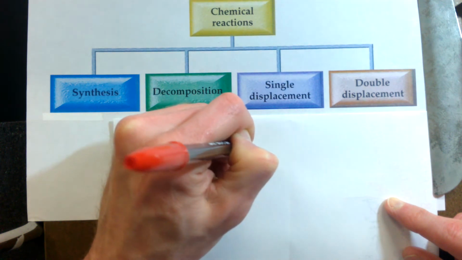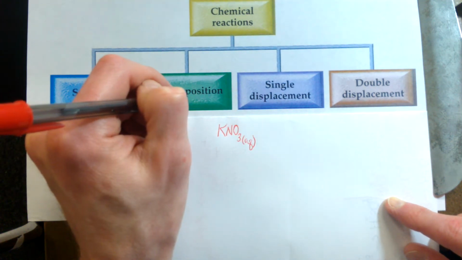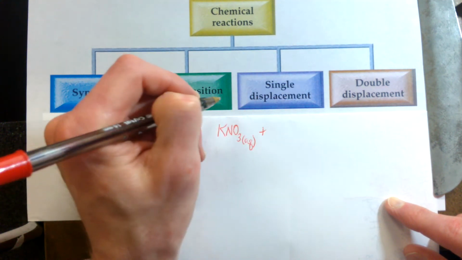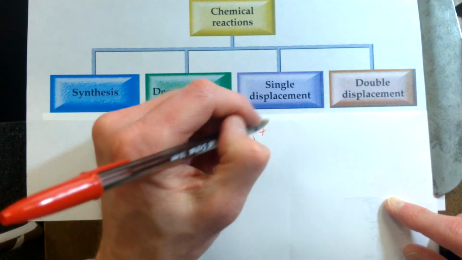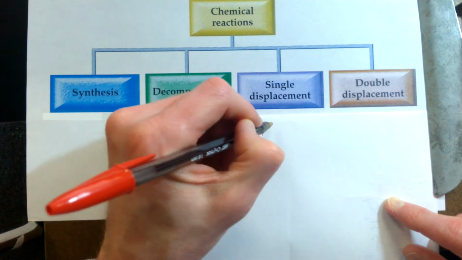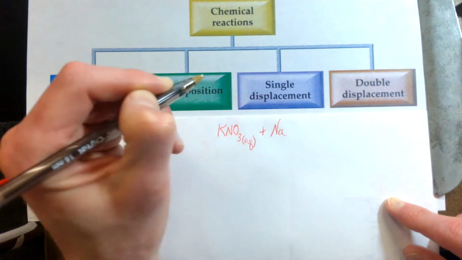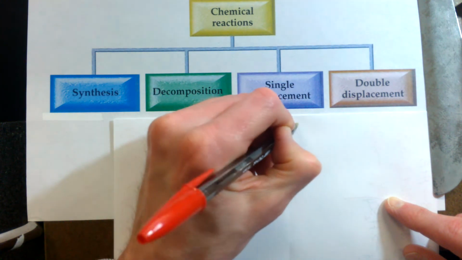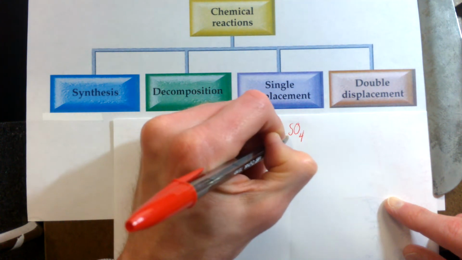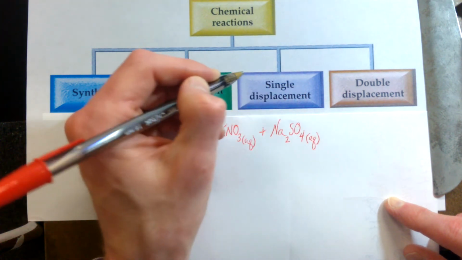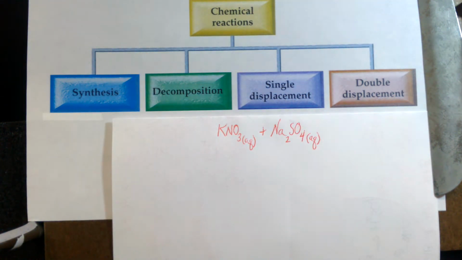These are often aqueous solutions, potassium nitrate, and it reacts with, let's say, sodium sulfate. Now, with these reactions, we must look for precipitation, which is an insoluble solid.